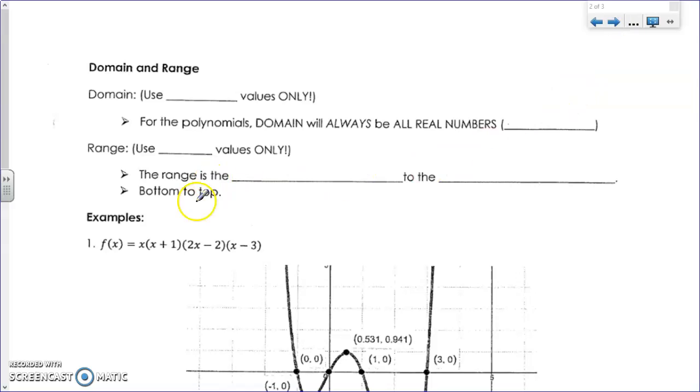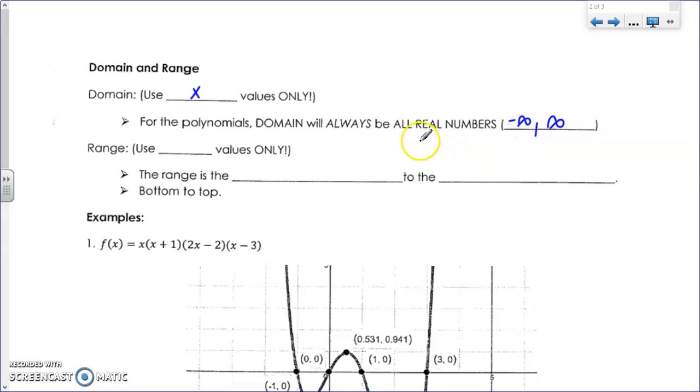All right. Domain and range. Okay, domain is X. For all polynomials, the domain will always be all real numbers. Now remember, if we're talking about a real life application like that Pelican on the last, anytime it's real life, it's going to be limited.